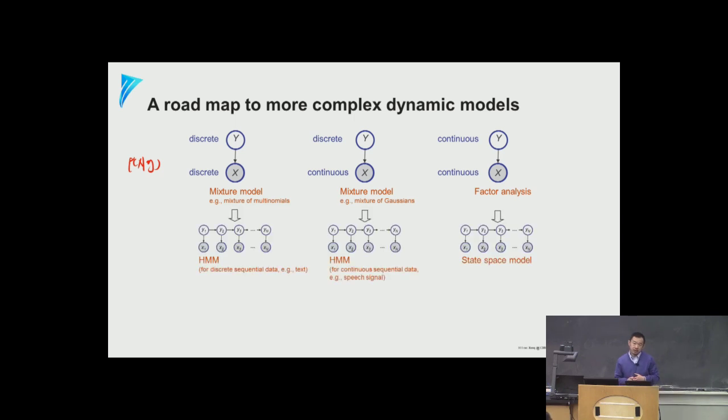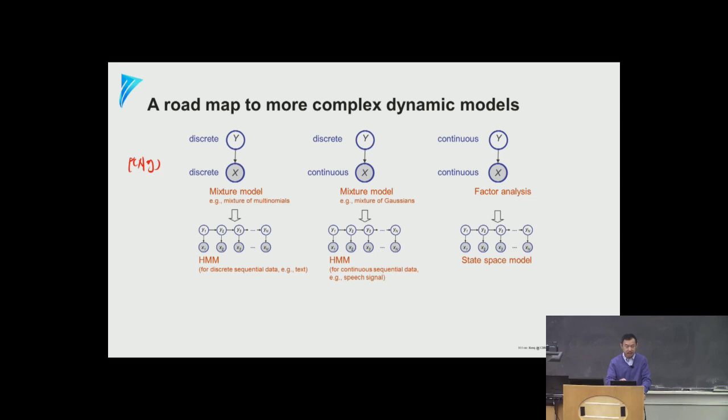And then I guess we know the beauty of graphical models is that you can take the smaller graphs as building blocks to build bigger ones. And I hope you already realize that a sequence of mixture models, whether it's a discrete mixture model or continuous mixture model, can be turned into an HMM, right?